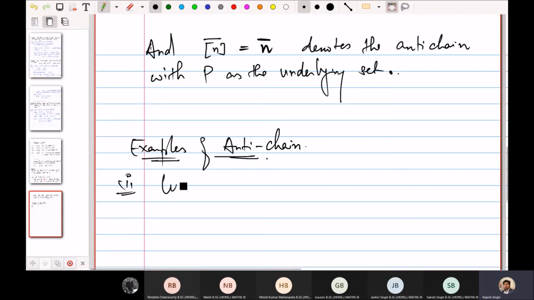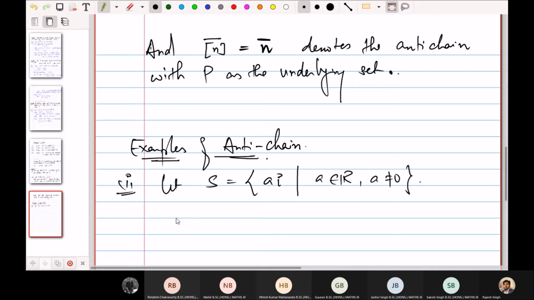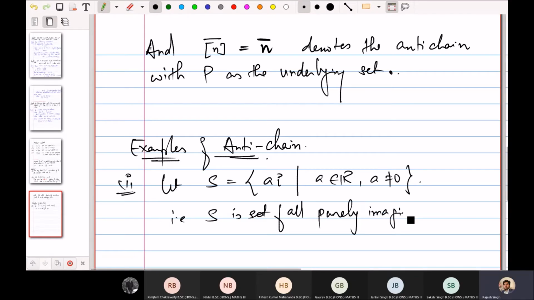Fine. So let S be equal to ai where a is any real number and a is not equal to 0. That is, S is the set of all purely imaginary complex numbers.